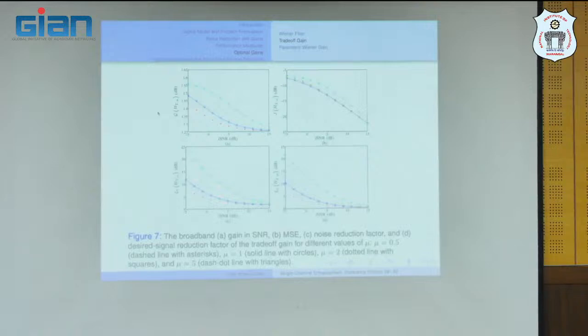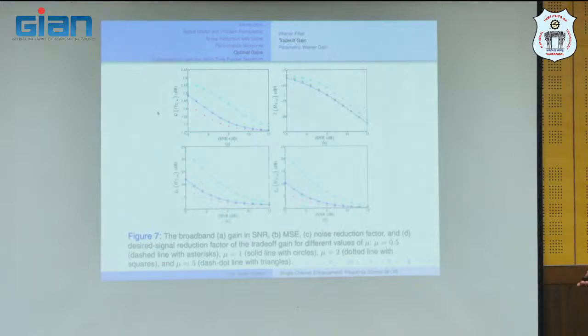Then mu equals 2, and 5. So we see that for this example also, for a given input SNR, when we increase mu, the noise reduction increases, similar to what we saw before, and then the gain in SNR increases because we increase the noise reduction.